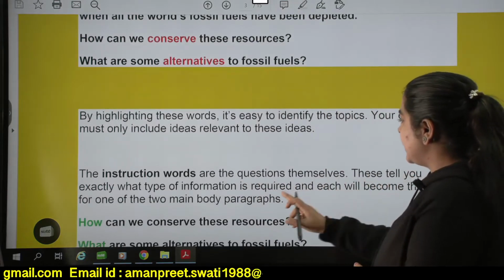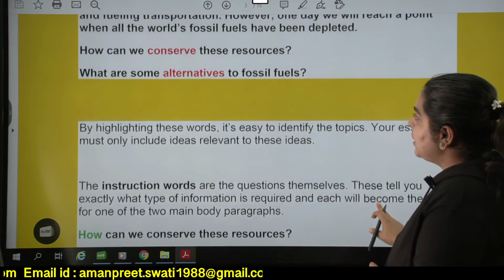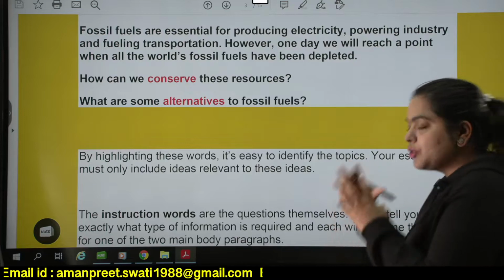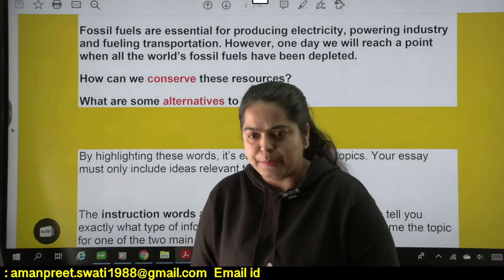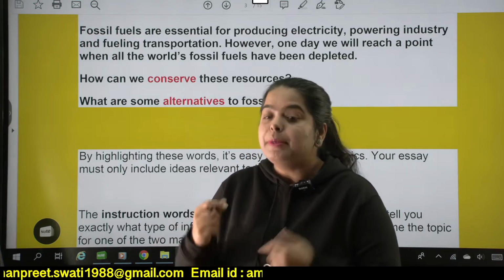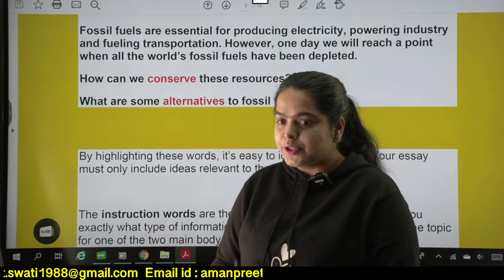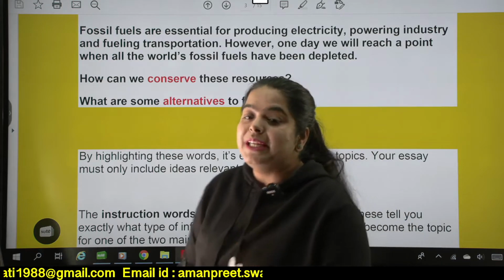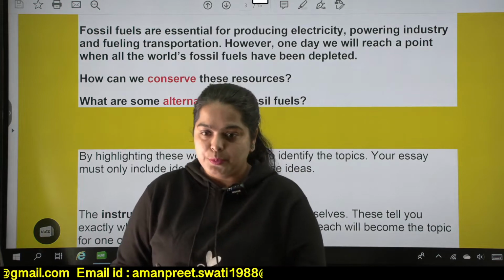These tell you exactly what type of information is required. Right? Now you need to identify the difference between instruction words and your keywords. Topic word, it's really very simple, around which the whole topic revolves. But if we specifically talk about the instruction or the other keywords, you should be in a position to understand where to draw the line between the two, right?